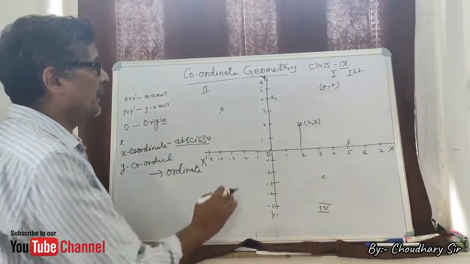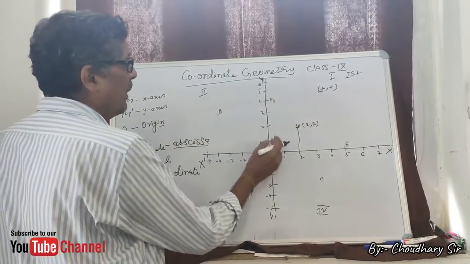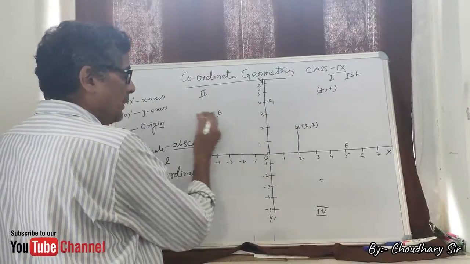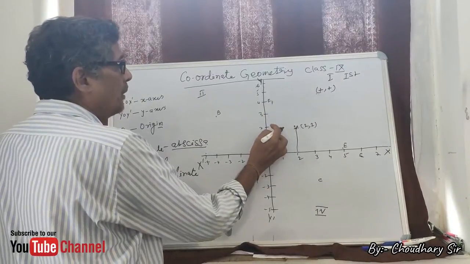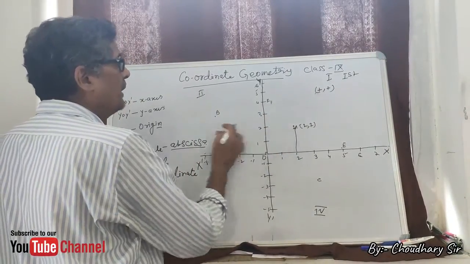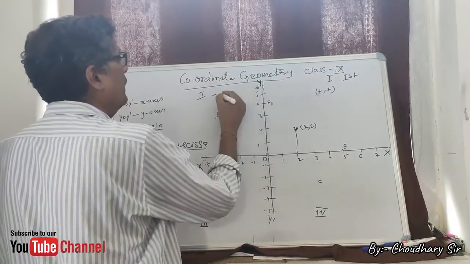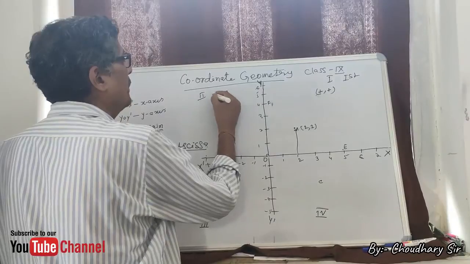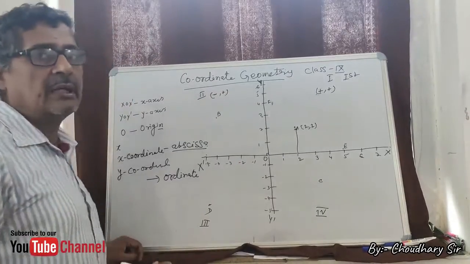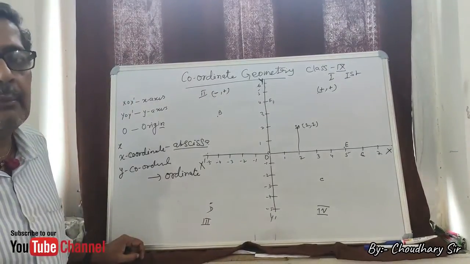In the second quadrant, horizontally we move left of the origin, so the x-coordinate is negative, but above the origin the y-coordinate is positive. So the sign for the second quadrant is minus and plus.